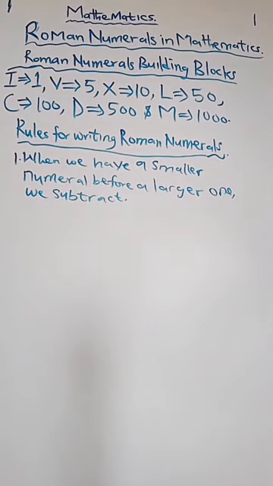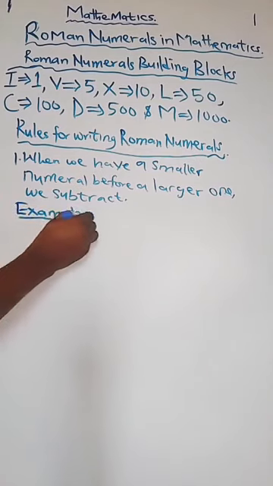That is the first rule. When we have a smaller numeral before a larger one, we subtract. Let's look at some examples to understand what we are saying.